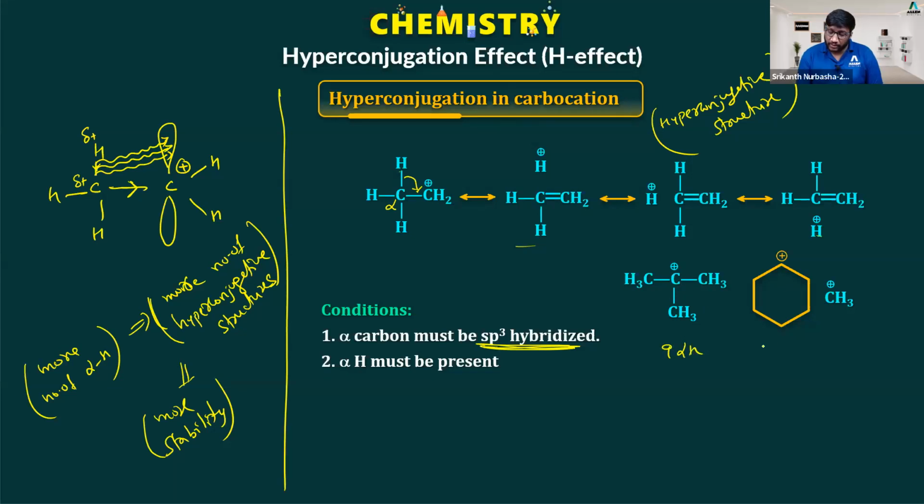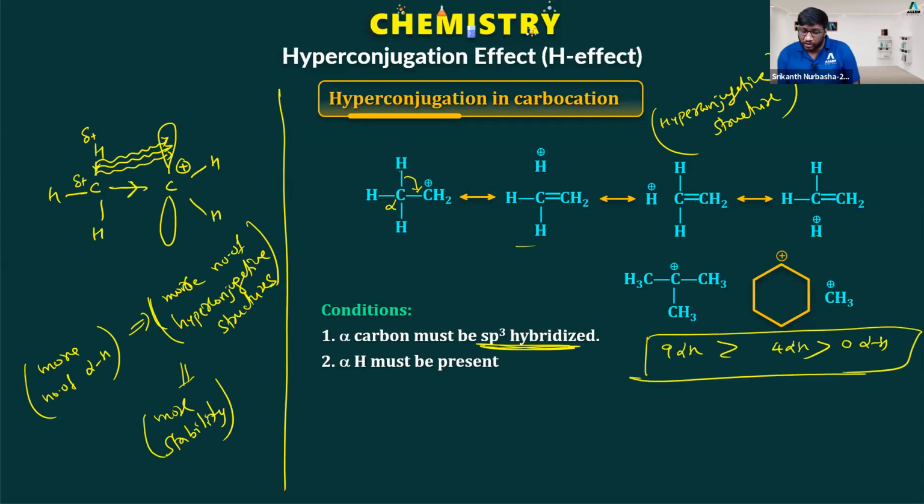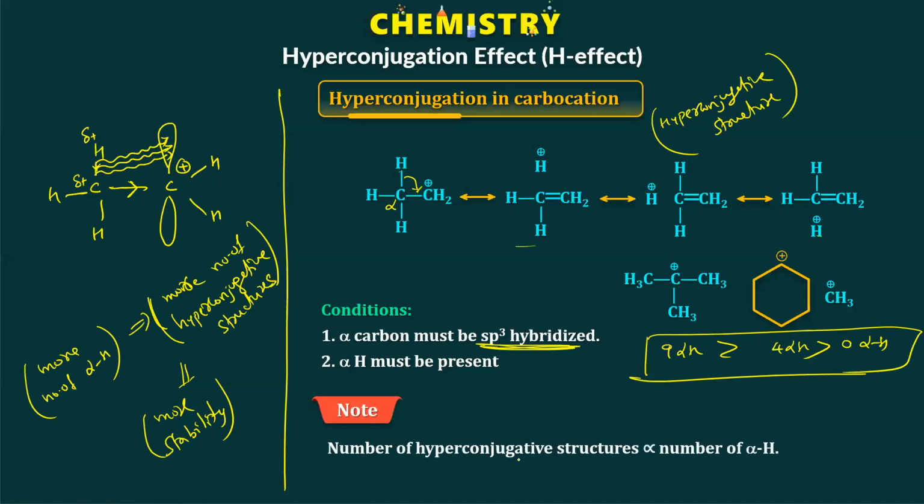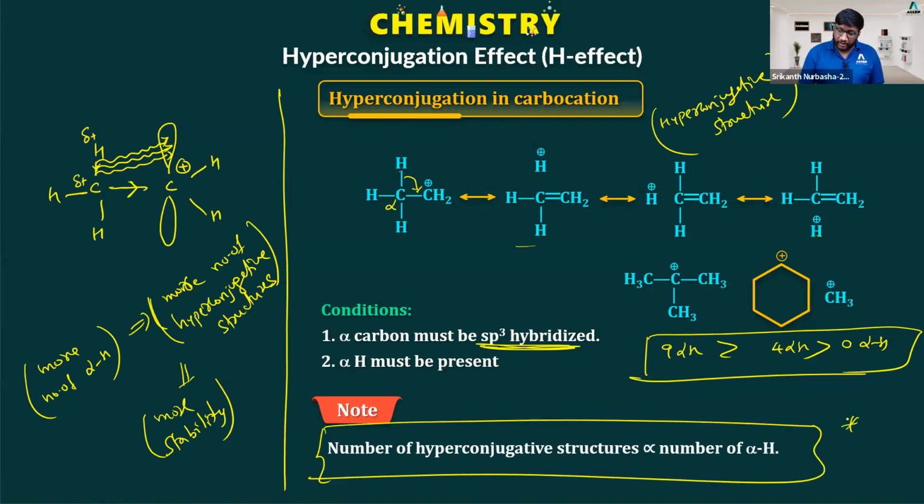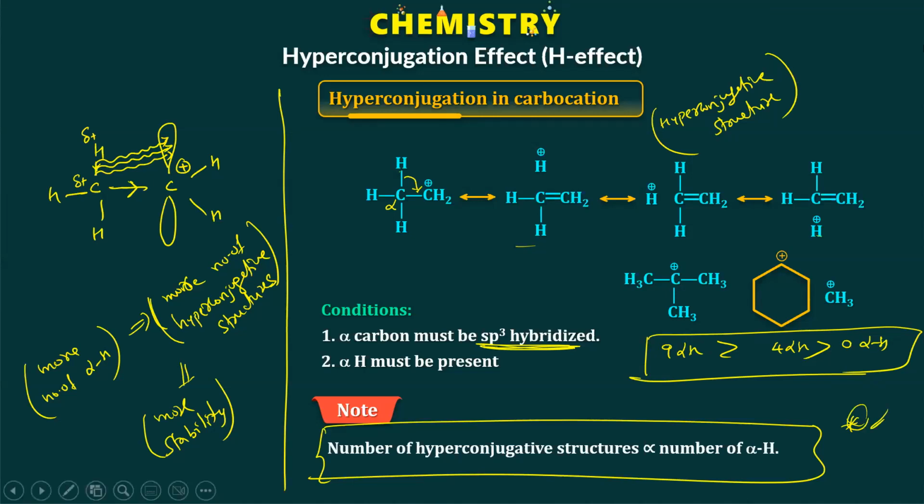Here we have how many alpha hydrogens? 4. Here we have any alpha hydrogens? No, 0 alpha hydrogens. So greater the number of alpha hydrogens, greater will be the stability. So 9 alpha hydrogens is most stable, then 4 alpha hydrogens, then 0 alpha hydrogens. Note, the number of hyperconjugated structures is directly proportional to the number of alpha hydrogens, and that is proportional to stability.